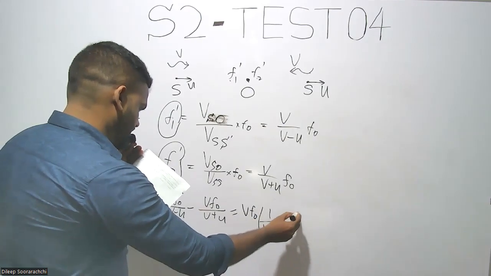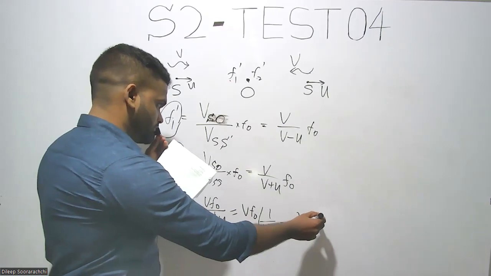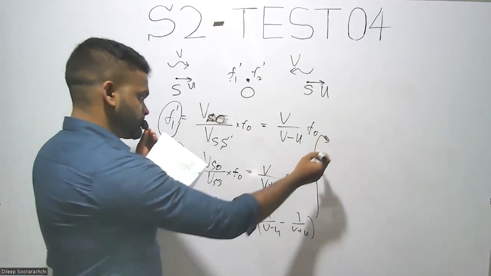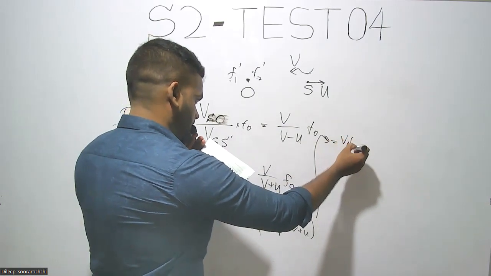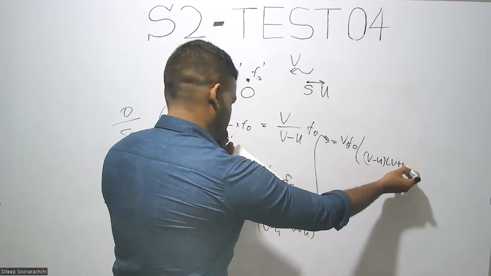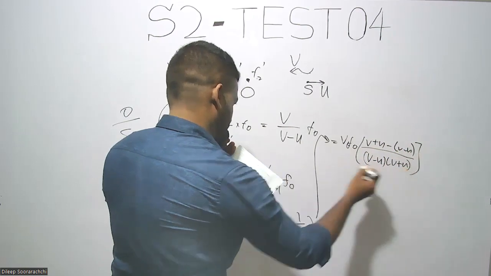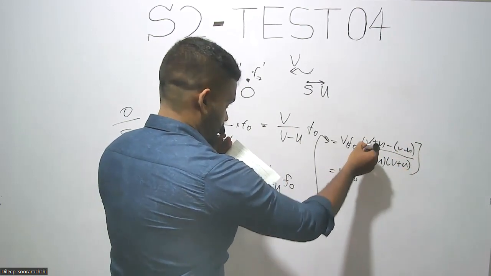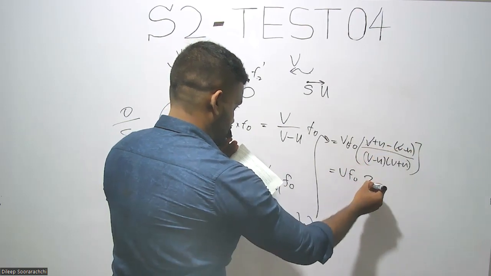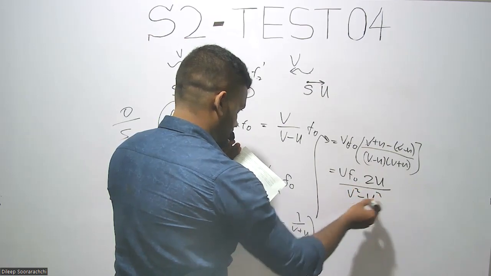Then take the common denominator, v minus u times v plus u. In the numerator, v plus u minus v minus u. So v minus v cancels off, and u plus u gives 2u. The denominator is v squared minus u squared.